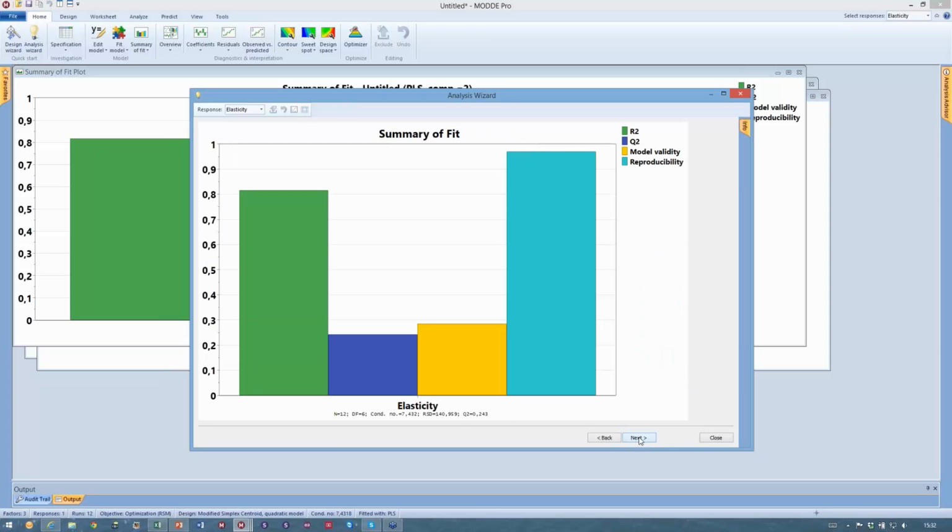The model performance statistics show somewhat of a gap between the R square and the Q square. Usually we would be more happy with better harmonizing or smaller differences between the green and the blue bar, but we have to proceed to see what this arises from.